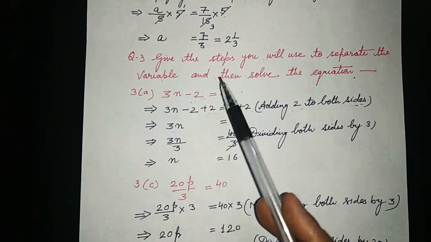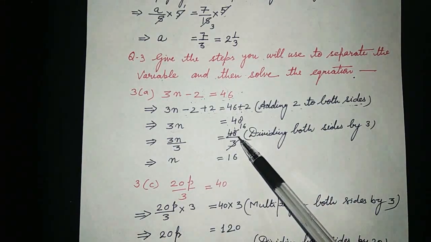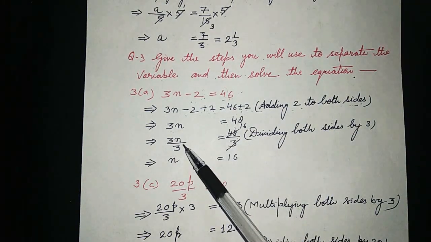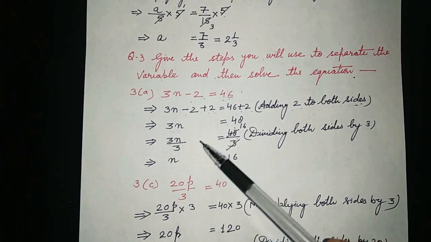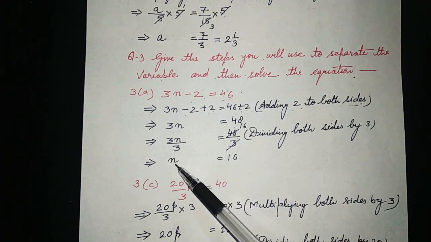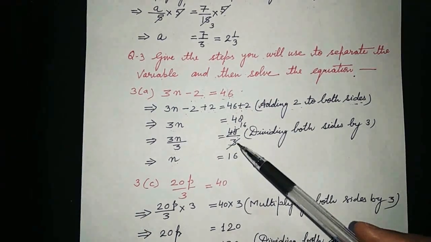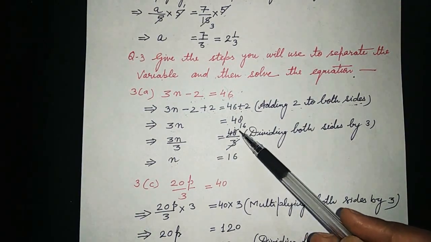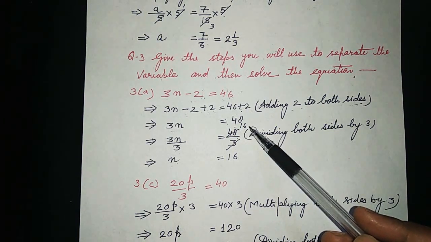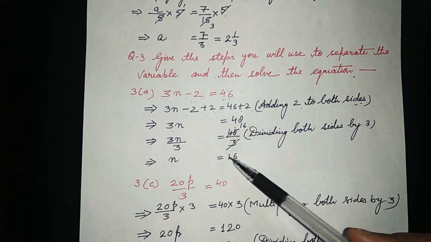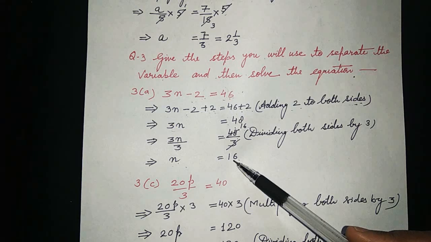Such type of thing you have done in question number 2 also. So you will divide both the sides by 3, and 3 divided by 3, the 3s you will reduce, and here 1 into n will come. For that you can write n. Now 3 and here's 48. If you divide by 3, then 16 will come. Here n is equal to 16 is your answer and the required value.